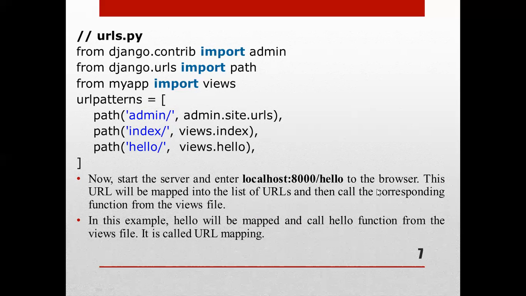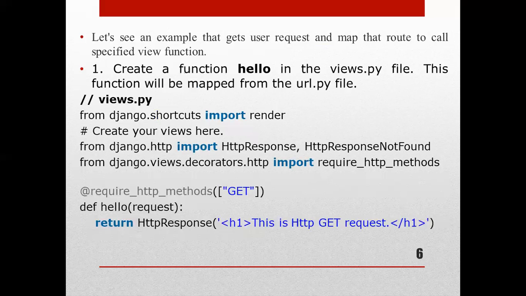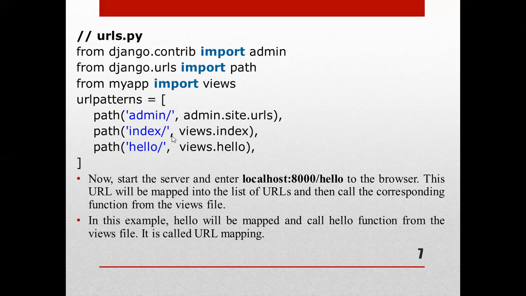After entering this URL in the browser, this URL will be mapped against the list of URLs and then call the corresponding function from the views file, because we have created that function in the views.py file and mapped it from the urls.py file. So in this example, hello will be mapped and call the hello function from the views file, and that is called URL mapping.